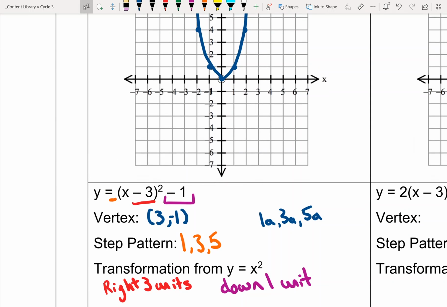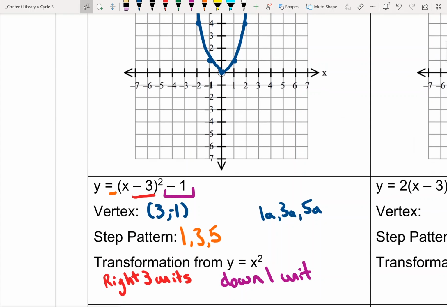I can do one of two things. I can use this transformation and apply these transformations to these points, or I can draw in my vertex and use my step pattern. Either way, I should get the same answer. Let's start with drawing the vertex, because this is an easy way to do the transformations without really knowing what they are.